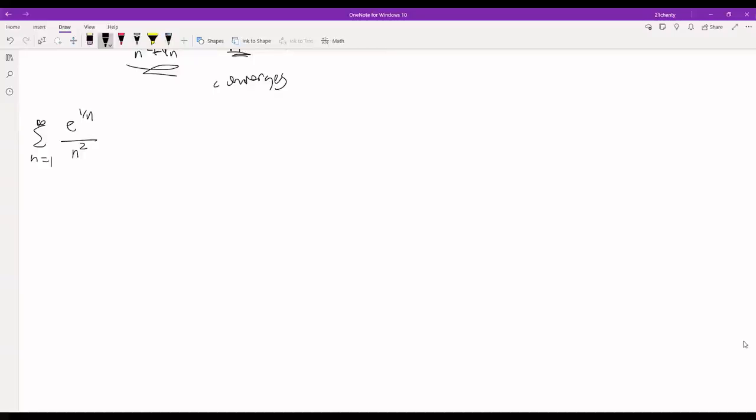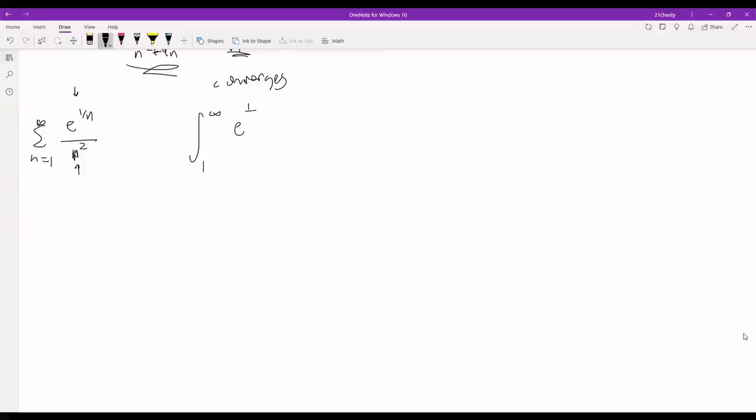And it's always decreasing, because as n increases the denominator is getting bigger, and the numerator, e to the 1 over n, is getting smaller. So we can do the integral test, going from n equals 1 to infinity.